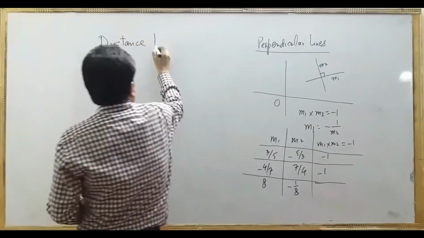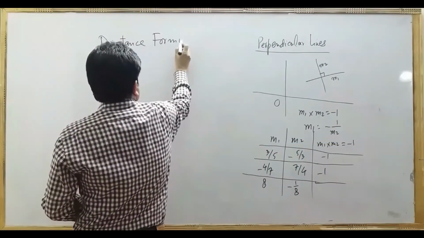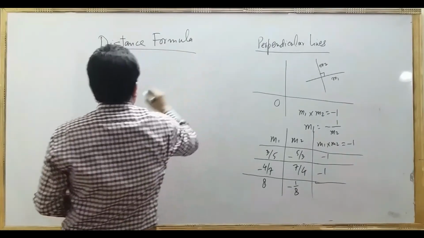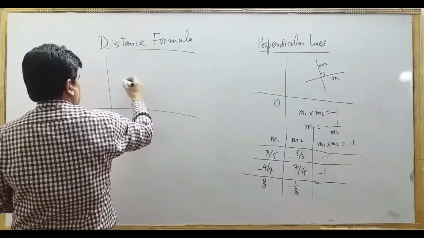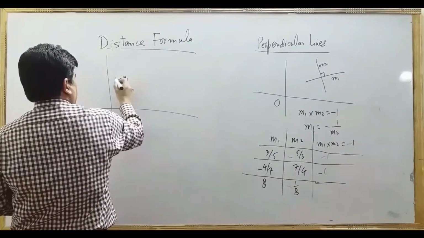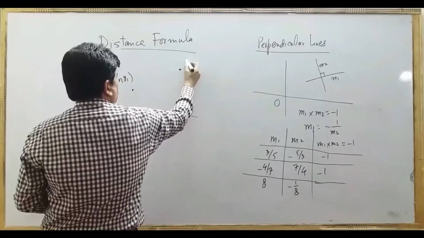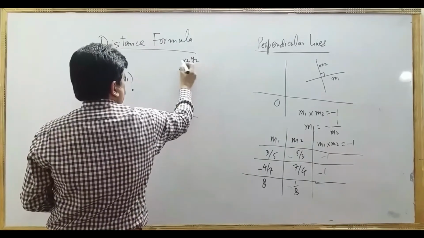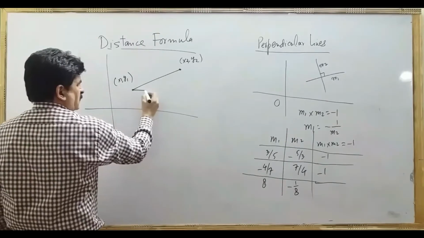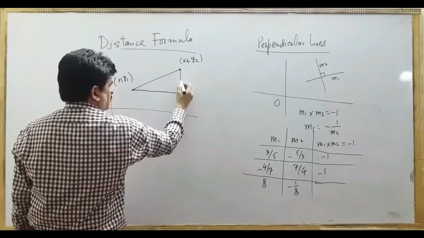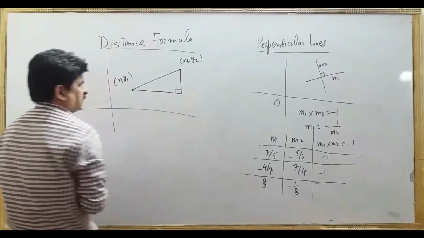Distance formula. Distance between 2 points. Say you have one point (x1, y1) and we have another point (x2, y2). We need this length. Now if you make this triangle, this is 90.